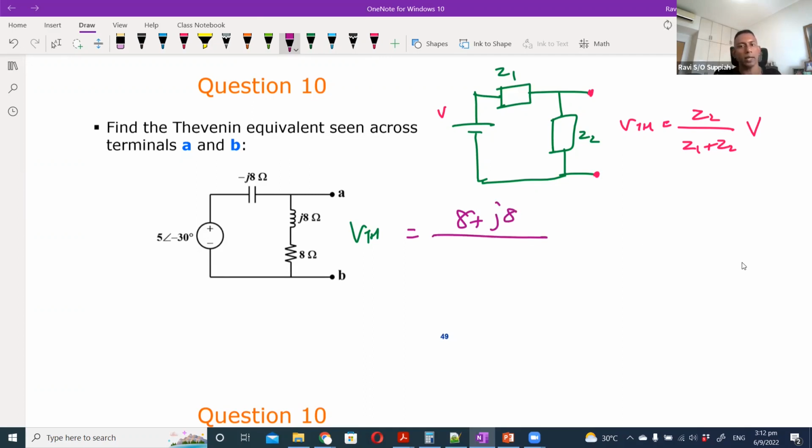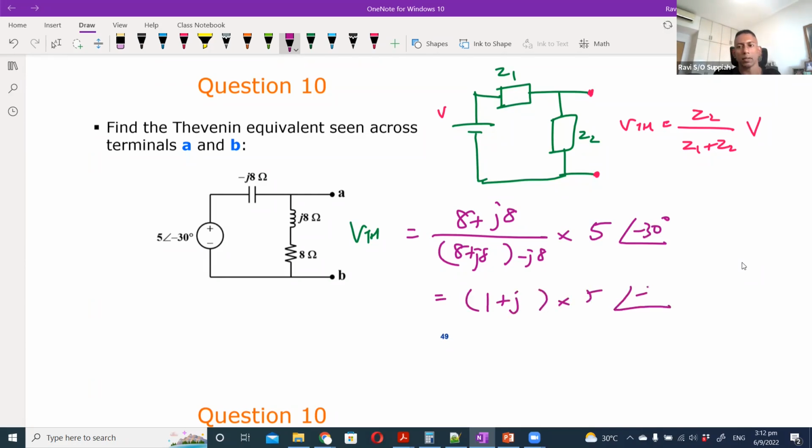So 8 plus j8 over 8 plus j8 minus j8, so that is Z2 over Z1 plus Z2, multiplied by this over here, angle minus 30 degrees. Then you have 1 plus j. The rest is again, since you multiply between rectangular and polar form, you convert.